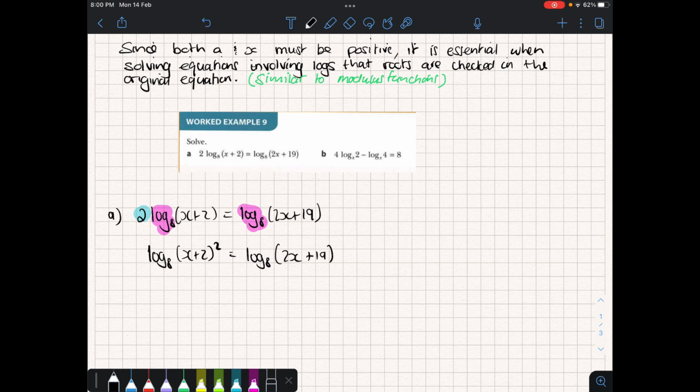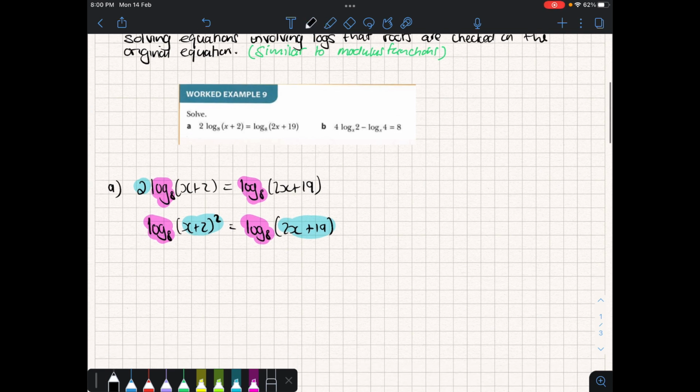Now we have the same log base on both sides, and since these are log base 8s on both sides, if this is a true equation, then everything inside must be equal. And so we can drop the logs and just write (x plus 2) squared equals 2x plus 19, and now we just have a quadratic to solve.